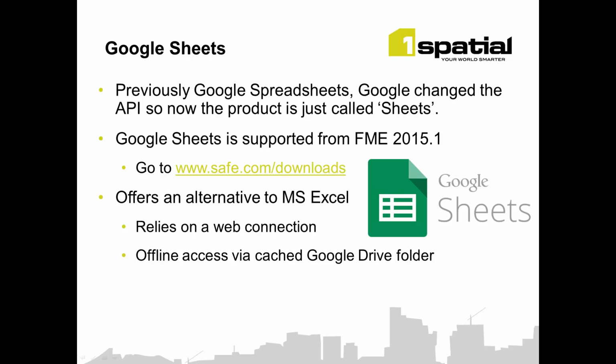So if you haven't downloaded that yet, it was made available about a month ago. It's available on safe.com/downloads. If you have an earlier version of FME, then you will only have the Google Spreadsheets reader and writer, and that won't work with the new API for Google Sheets, so you'll need the latest version. The interesting and useful thing is that SAFE haven't made you wait 12 months to get access to that new reader and writer.